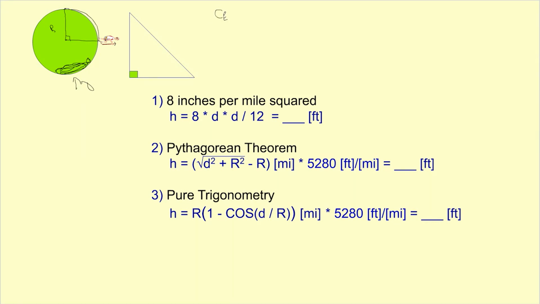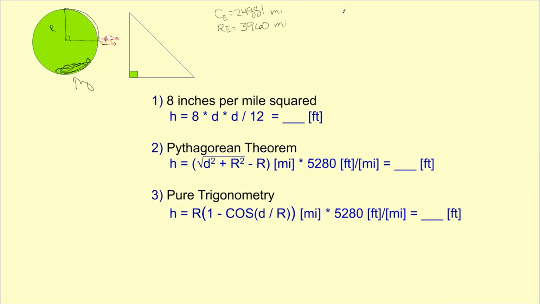We recall the average circumference of Earth is 24,881 miles. The radius of Earth average is 3,960 miles.